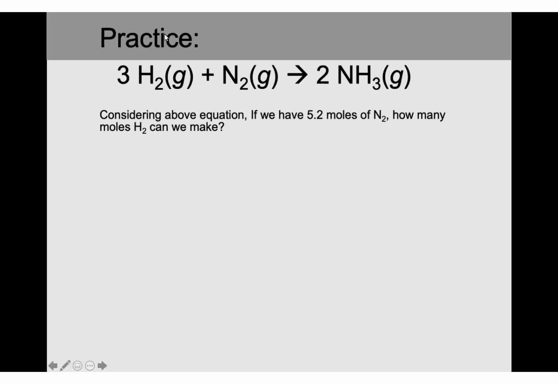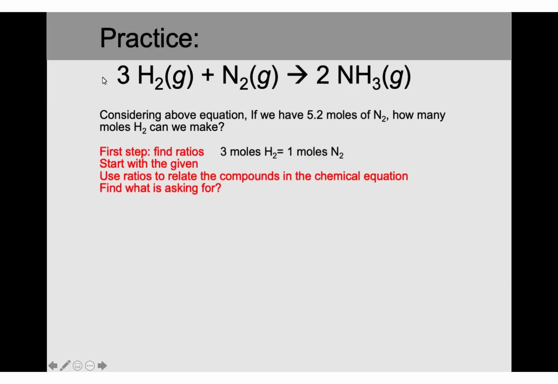So we have this equation, and we make sure it's balanced. We have a given number here: 5.2 mole of N2, and they ask for the mole of H2. So we start by finding the ratio using the coefficients, 3 mole of H2 with 1 mole of N2. Where there is no coefficient, it means it's 1.